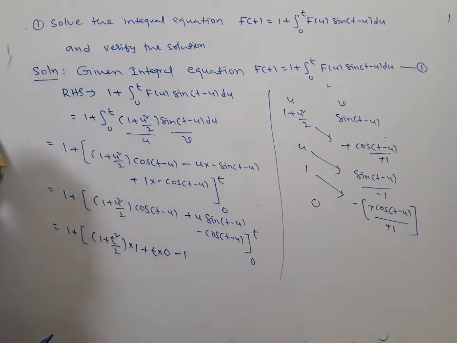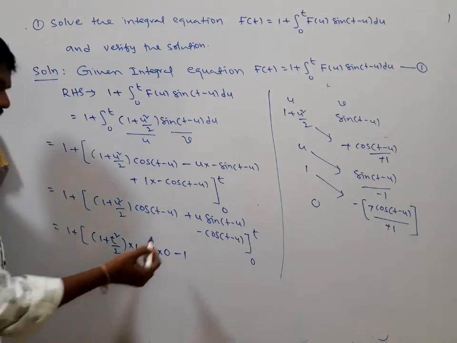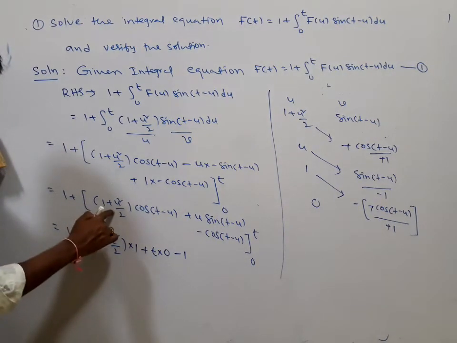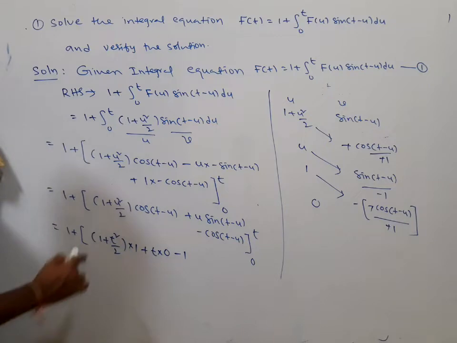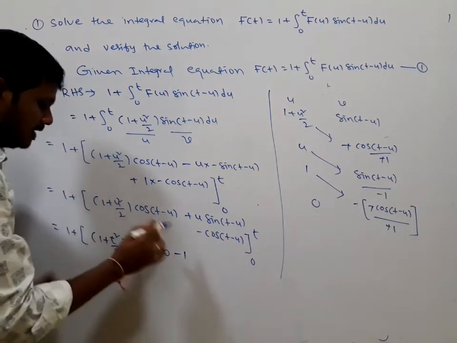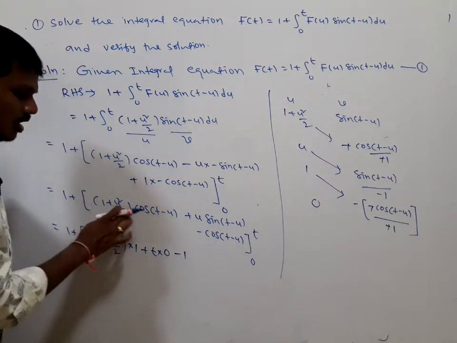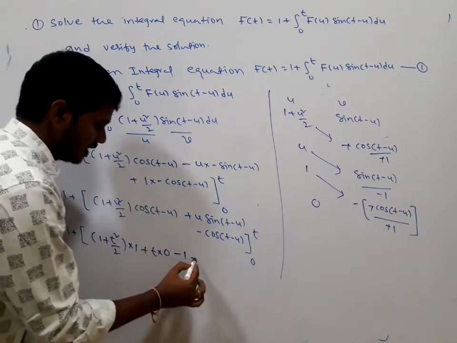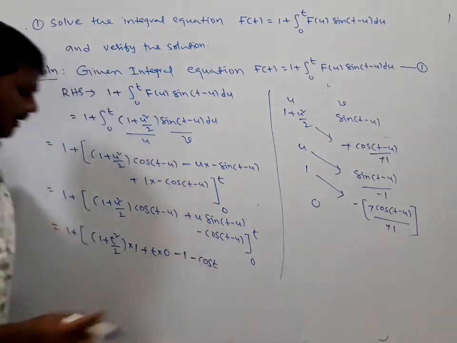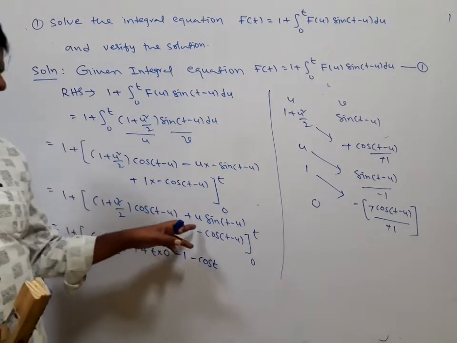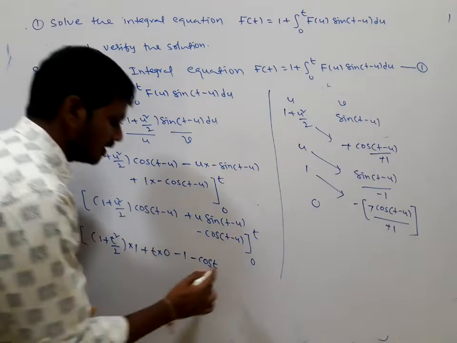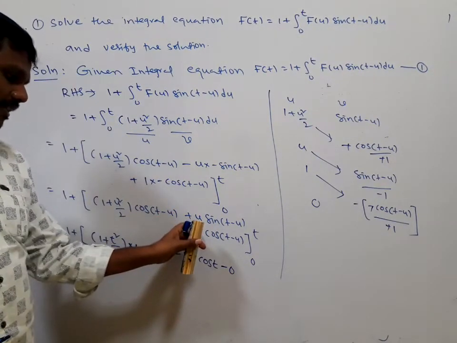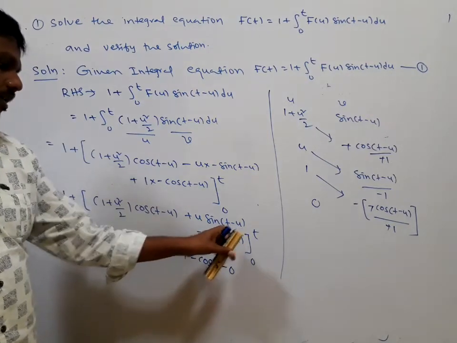Next, if you go for the lower limit, 1 plus 0, 1 into cos t, are you following? 1 plus 0 is 1, that is before minus, minus cos t. Next here u equals 0, 0 into anything is 0, right? Here already minus is there, that minus into minus gives plus, here t minus 0, so here it is plus cos t.